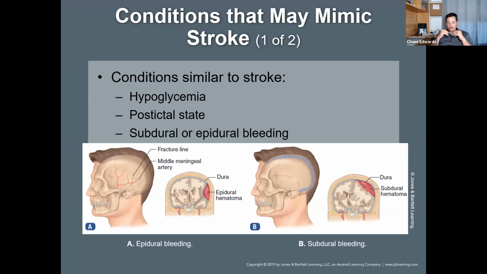And facial droop and things like that. Does anybody remember? There you go. Bell's palsy. Good job, fellas.